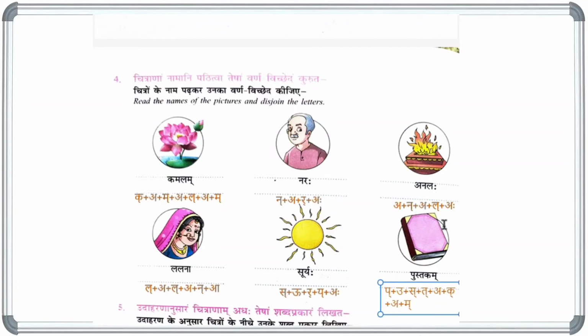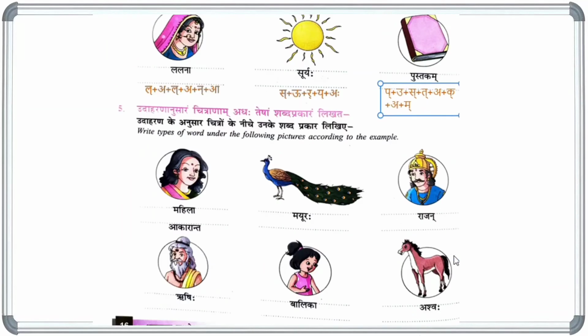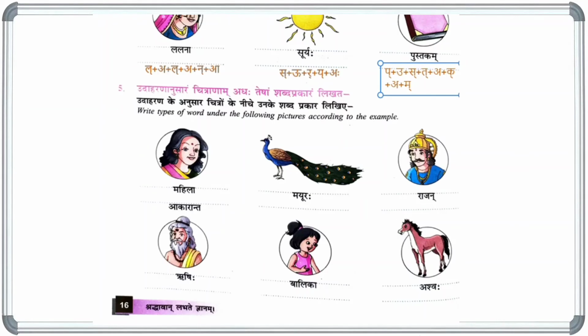This is how we disjoin the Pustakam word. Now come to the fifth main question of the chapter: Udaharananusaram Chitranam Adha Tesham Shabda Prakaram Likhata. You all know the meaning of shabda prakar, that is finding out the last swara or last letter of the word.